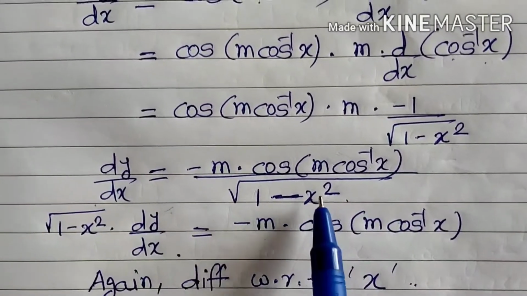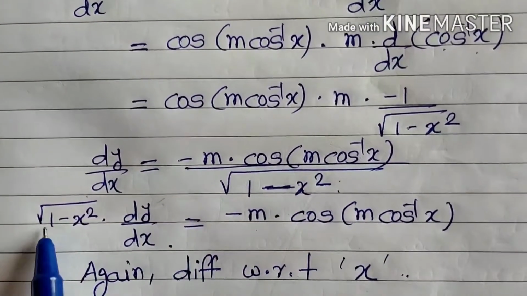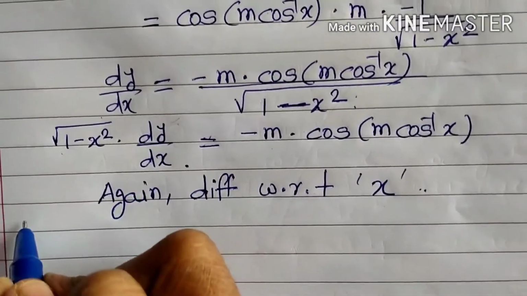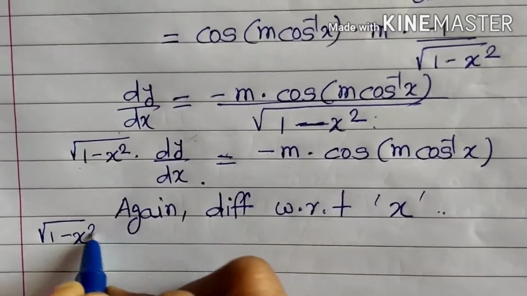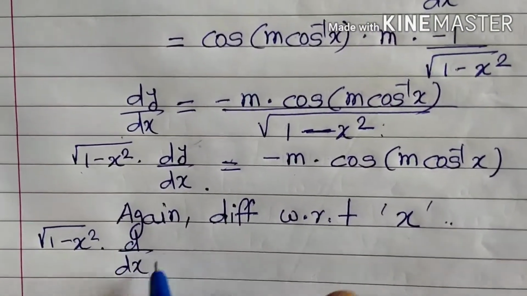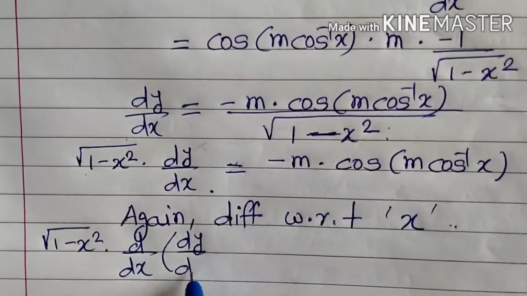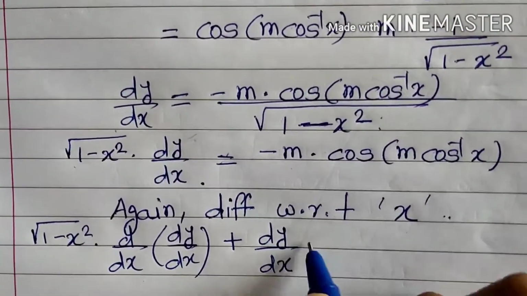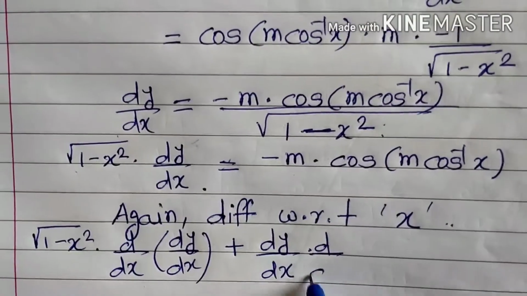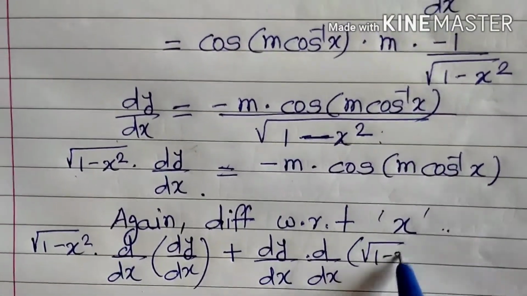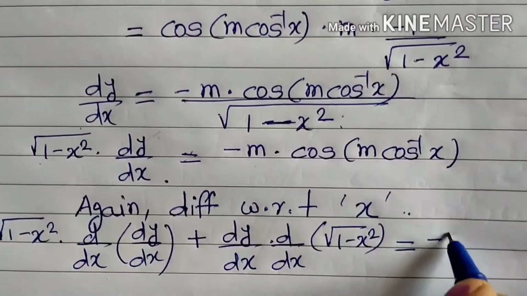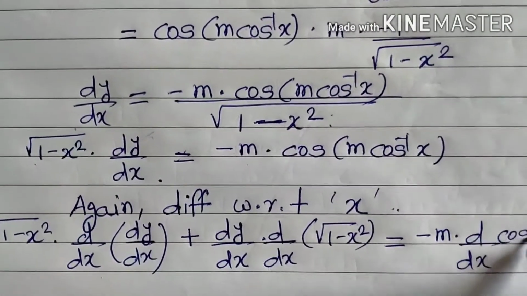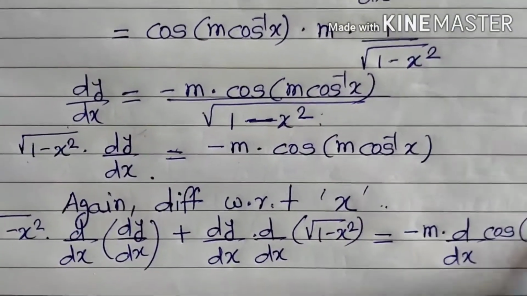So for making the example very easy, we use the product rule: first function as it is into the derivative of the second, plus the second function as it is into the derivative of the first, is equal to this minus m as it is, and the derivative of cos(m cos inverse x).